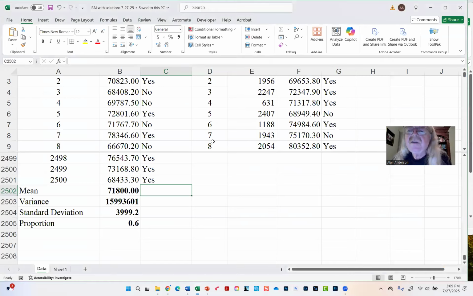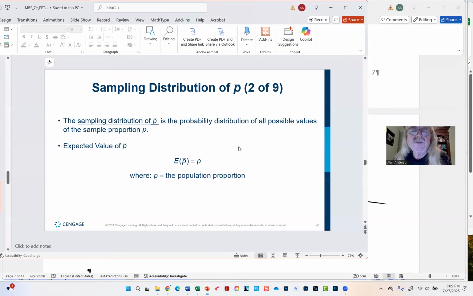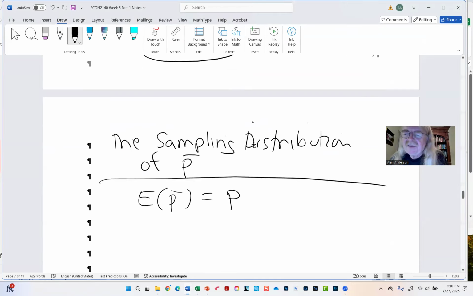Okay, so we need to know the measures that are associated with proportions, and it's very straightforward. Like with the X bar, the mean of the proportions is the same as the population, in this case, the population proportion. So we write this as P bar, okay? And then we have to make a decision.